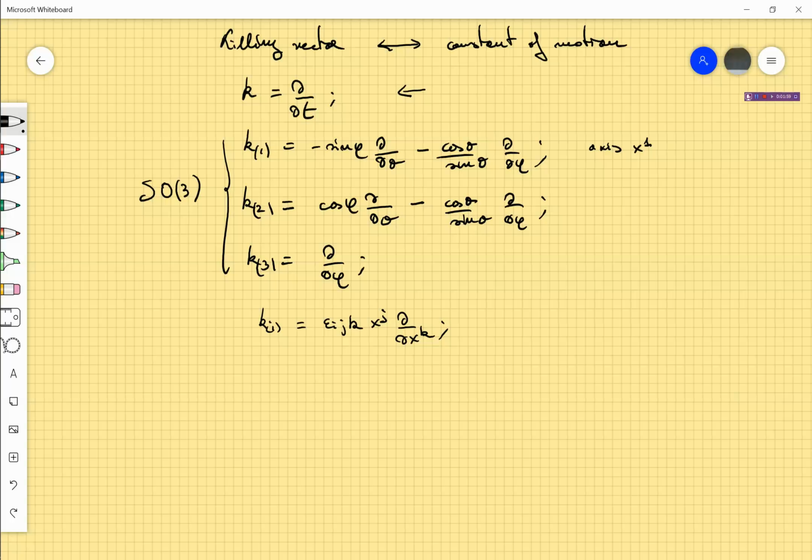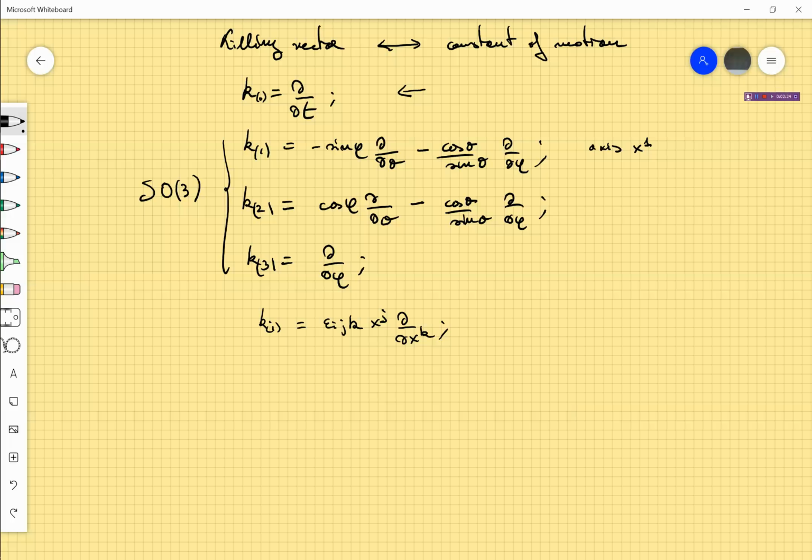Now, just as we said that the energy would be the constant of motion associated to K, let's call it K0 just to distinguish it from the rest, the conserved quantities associated to K1, K2, K3 will be the components of the standard angular momentum, which are the spatial components of the relativistic energy momentum tensor.